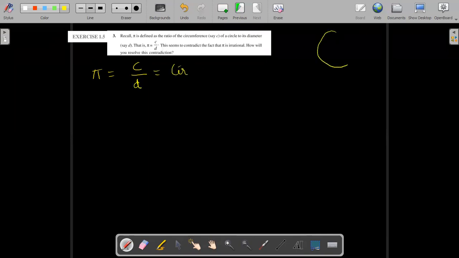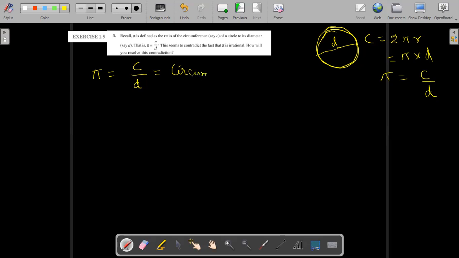If you have a circle like this, this is your diameter, and the whole boundary is the circumference, C, which is equal to 2 pi r. 2r means diameter. Therefore, pi is equal to circumference upon diameter.